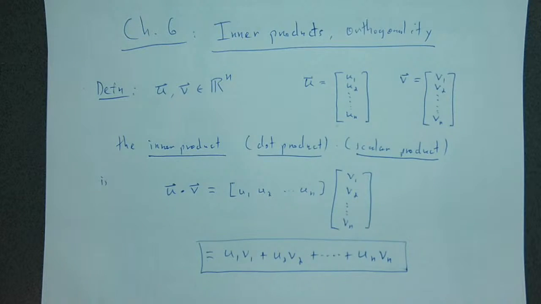All right, so of course you've seen the dot product in R2 and in R3. This is something that was very important in Calc 3. It turns out that the importance of this can't really be overstated. This is basically the most important thing ever. The reason it's the most important thing ever is that it is the thing that gives length.